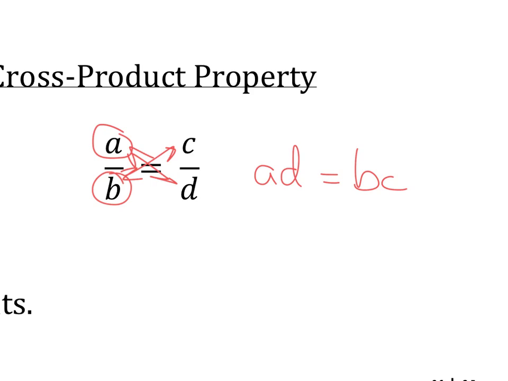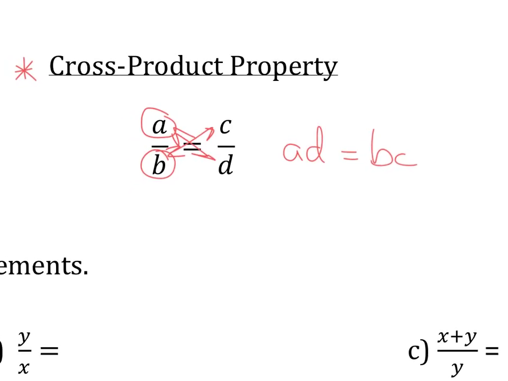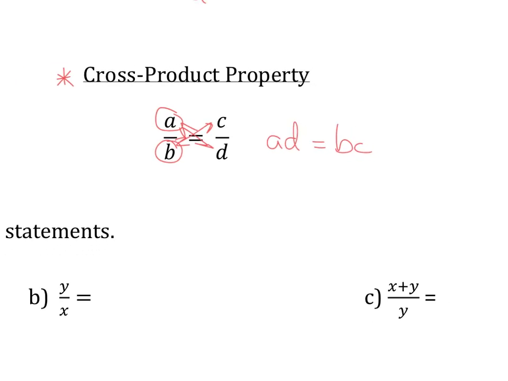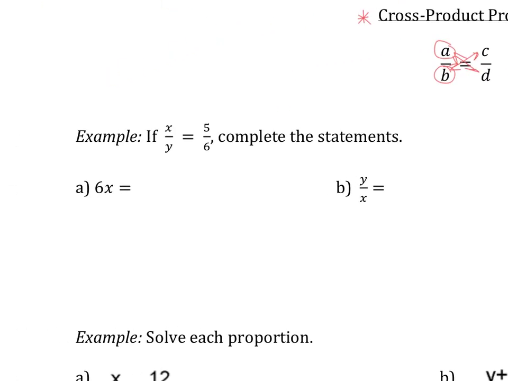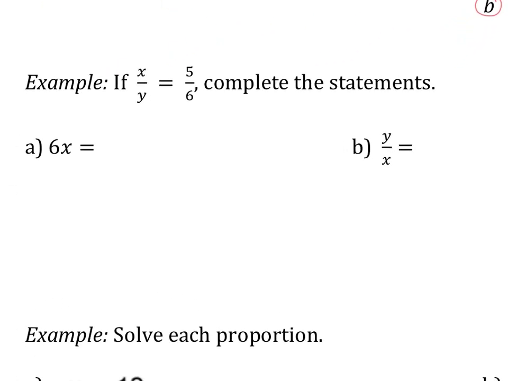So if I have two fractions that are equal to each other, you might have heard it as cross multiplying, right? Product is the end result of multiplying, so it's essentially the same thing, but the actual name of the property is cross product property. So we're going to use that here in just a few moments.